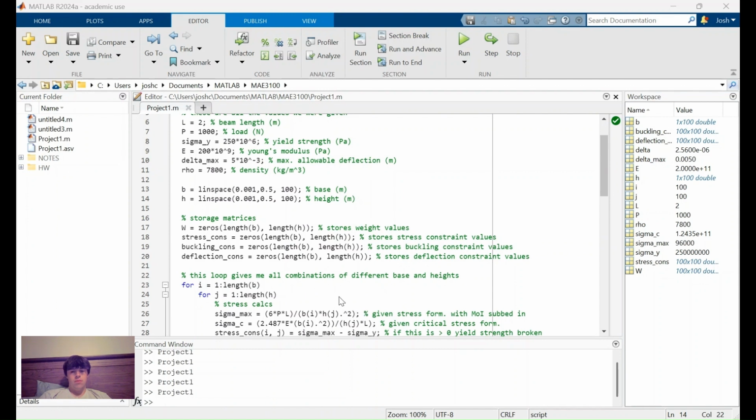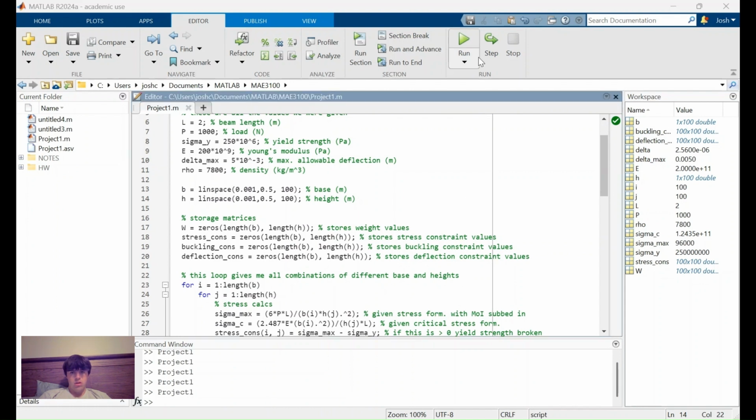But you can also go farther over and make your base super big and your height virtually nothing, but then you get closer to that. So I'd say it's safest to stay far away from both of them, so you don't get close to buckling, which would be this red line, or the deflection, which would be this green line.